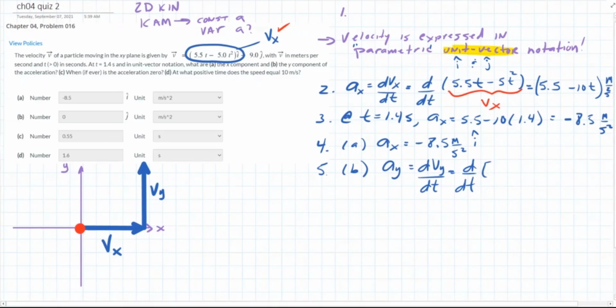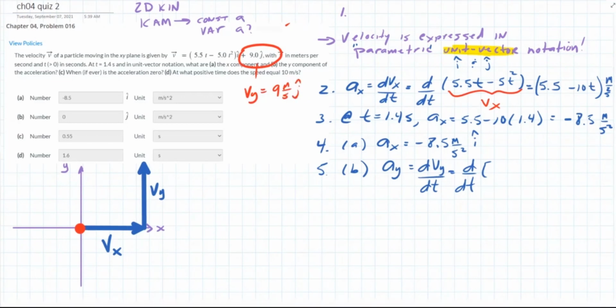Here's v subscript y, just like that was v sub x in front of my I hat symbol. This is v sub y. V sub y equals 9 meters per second j hat.